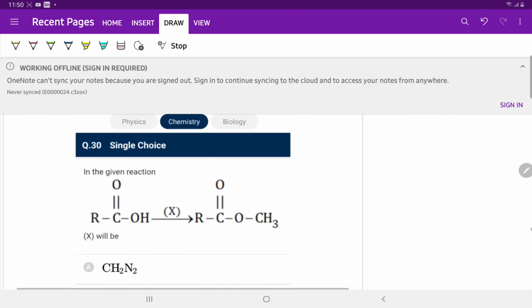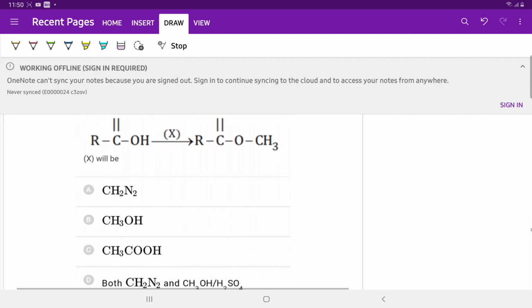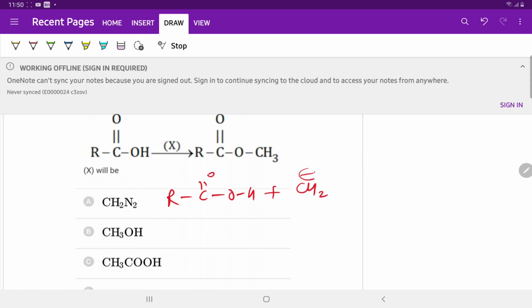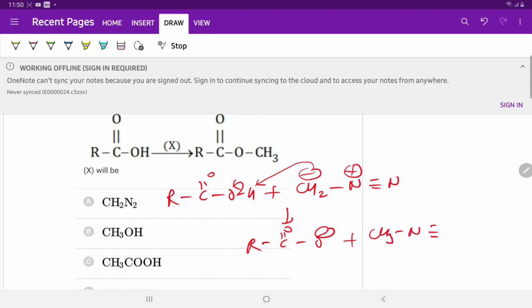Question number 30. In the given reaction, X will be the conversion of carboxylic acid into ester. RCOOH reacts with diazomethane. RCOO minus plus CH3N2 plus.